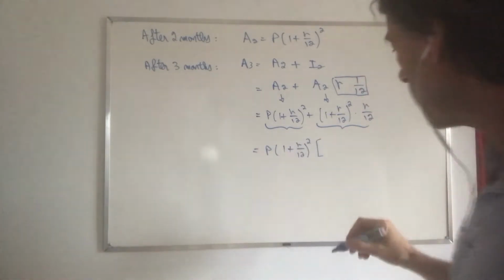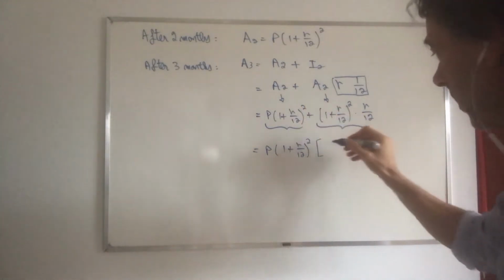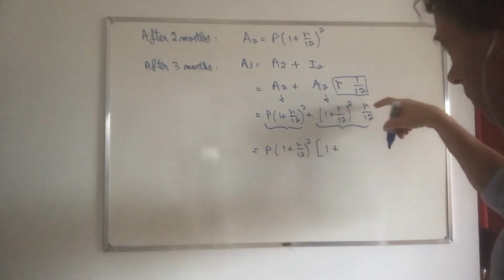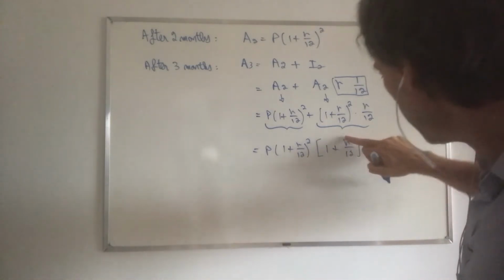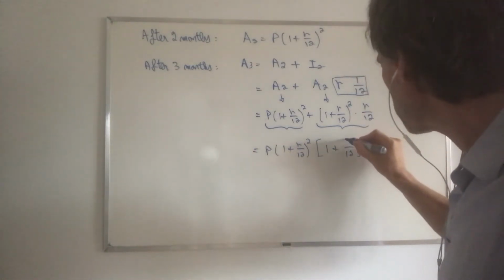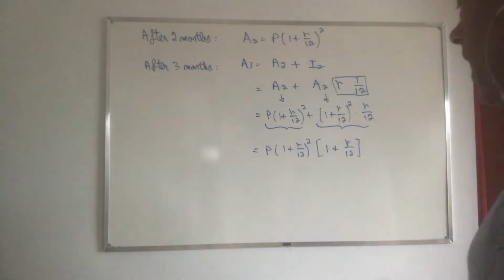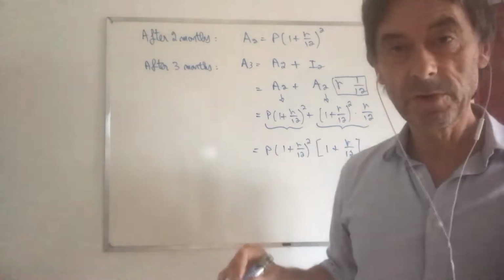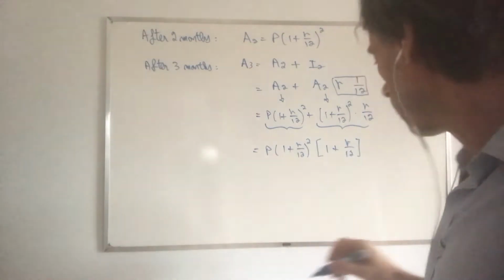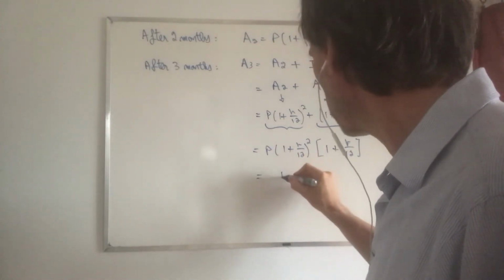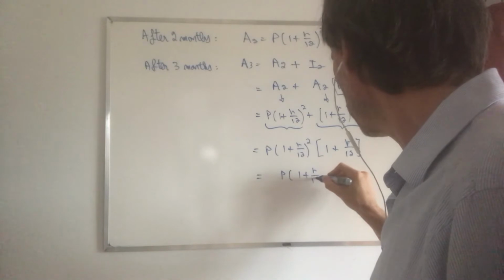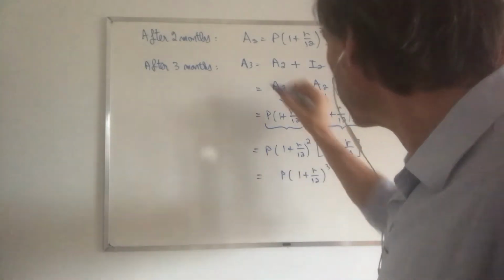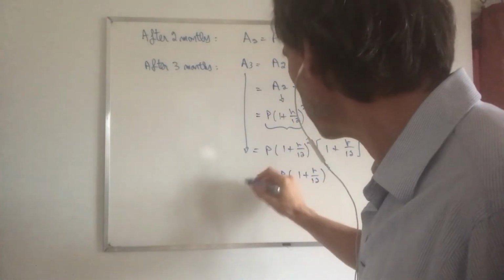What is left if I factor out this factor from here? 1. What I get from here is R over 12. And then, once again, (1 plus R over 12) to the 2 times (1 plus R over 12) to the 1 is (1 plus R over 12) to the 3. And that is a 3.